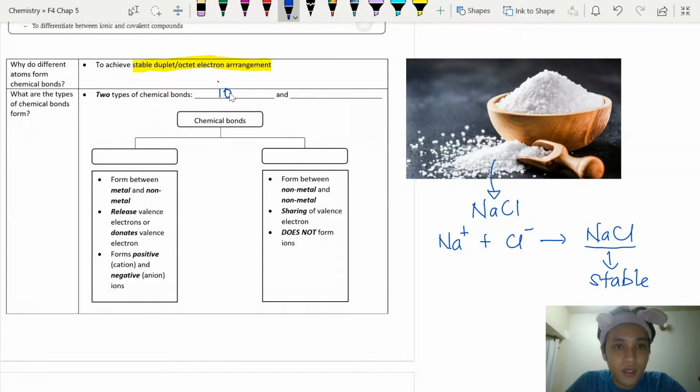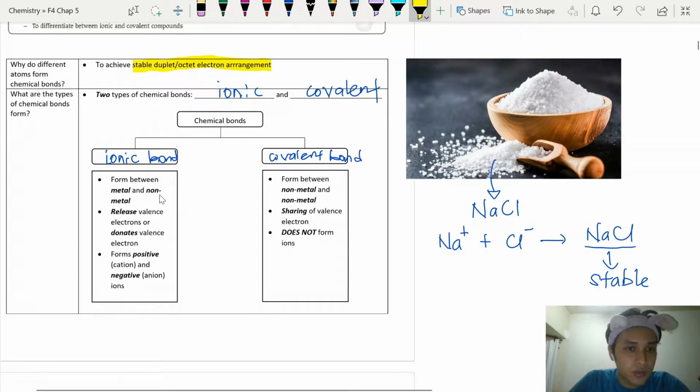Let me introduce you to 2 first: ionic and covalent bond. Ionic bond, as I mentioned before, is formed between metal and non-metal, whereas covalent bond is formed between non-metals. This is very important.